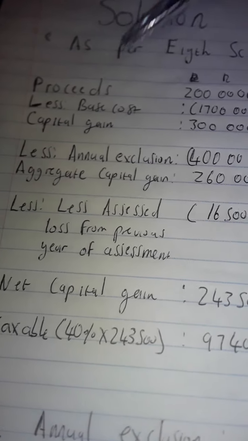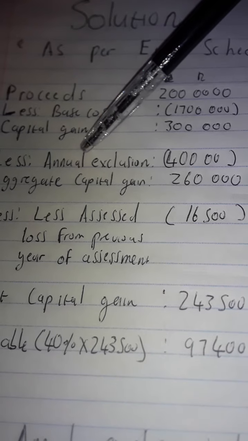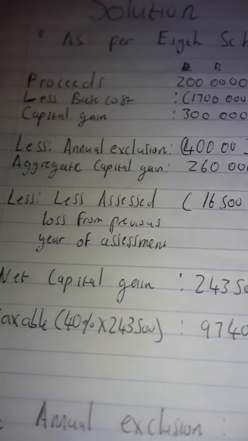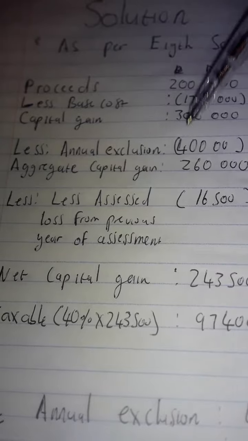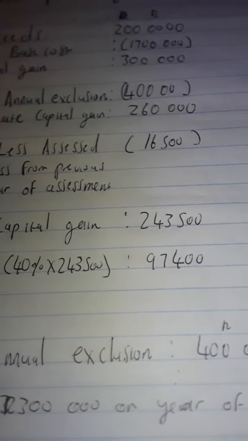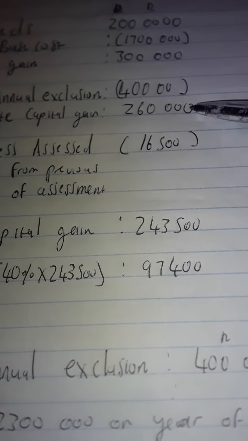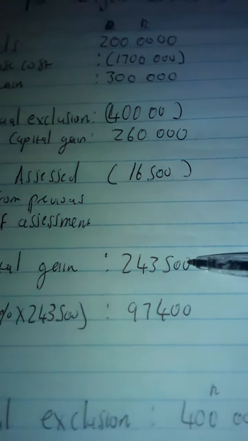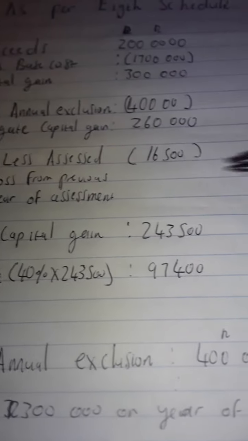And also, guys, sorry about that, something that I missed here: since in our current year there was no capital loss, we would have a capital loss line here, and obviously a dash since nothing happened. That occurs before the exclusion amount, so it would have been somewhere here. Anyway, the net capital gain in this case, if you do your calculation, we less this amount from this 260, it's going to give us 243,500, right?